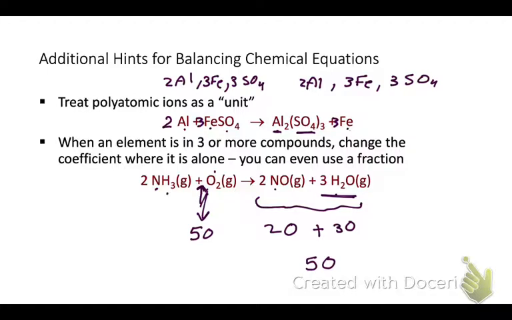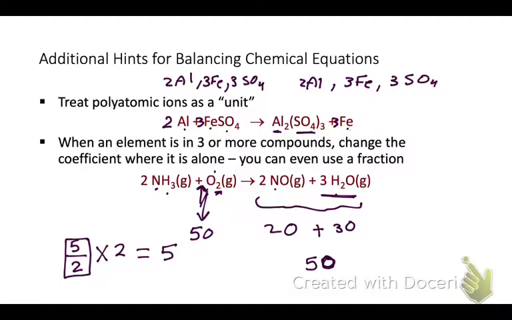So what I will tell myself, what is the fraction that if I multiplied by 2, which is the number of oxygen in O2, will give me 5, and that will be 5 over 2. Does that make sense? Because 5 over 2 multiplied by 2 will give you 5. So this way I balance, this is oxygen and this is oxygen here. I will get 5 oxygen at each side of the equation.